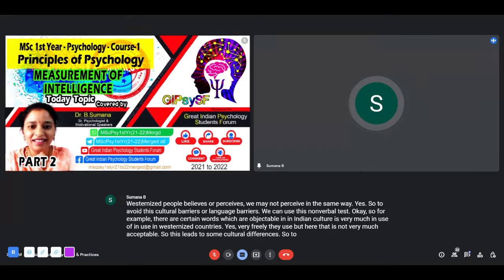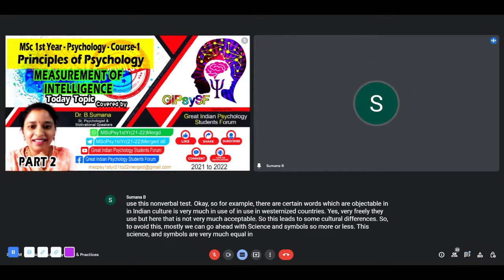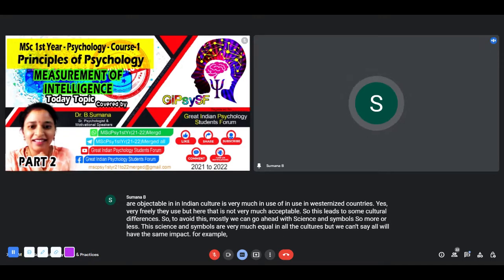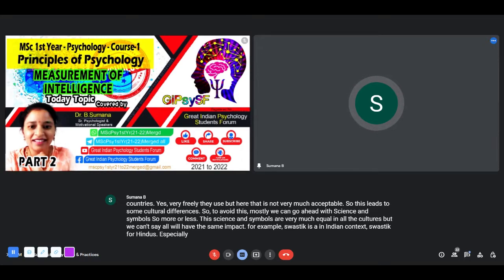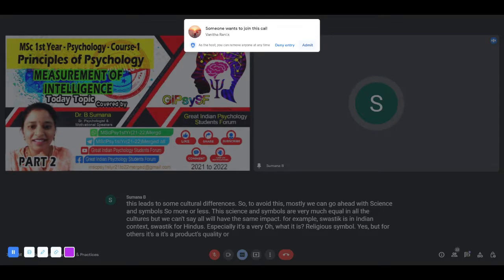To avoid this, mostly we can go ahead with signs and symbols. More or less, signs and symbols are equal in all cultures, but we can't say all will have the same impact. For example, the swastik, in the Indian context, is for Hindus especially a religious symbol, but others perceive it as a product's quality mark or something.